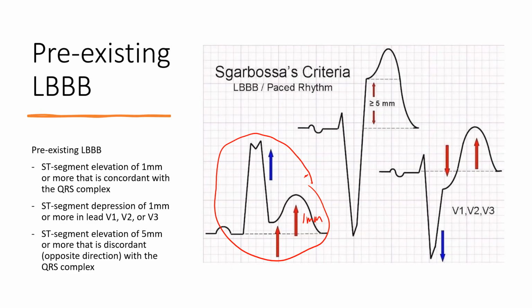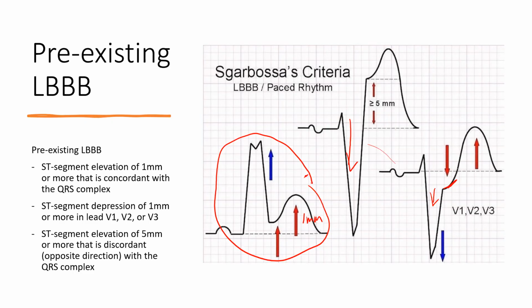Where there is ST depression of greater than 1 millimeter in V1 to V2, which is here, of the ST segment, and also where there's elevation of 5 millimeters or more where there is a negative deflection. So if it's negative and you're seeing a really deep QRS, anything that has a negative needs to come up eventually.